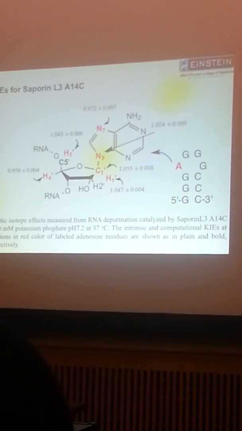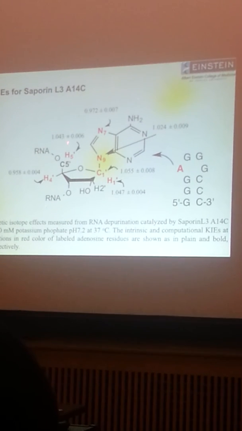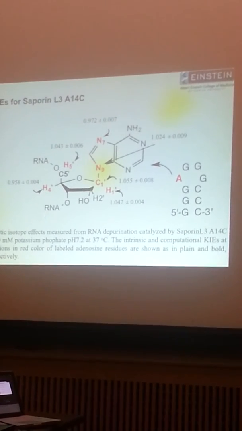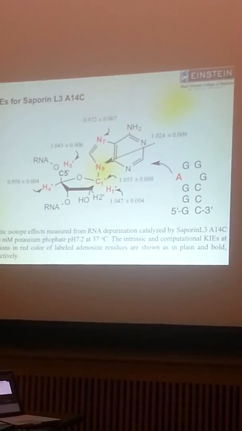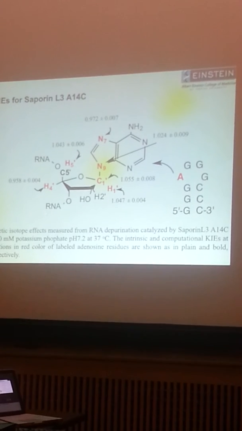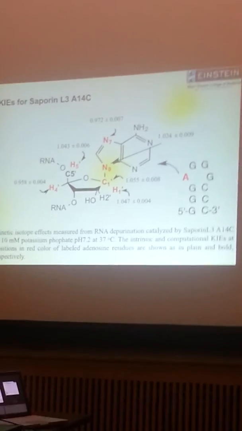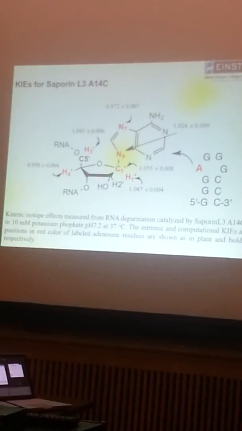That's why you have the inverse KIE. And also it makes sense since after the CN bond cleaves, the nitrogen will have a lot of negative charge. And so the protonation of the N7 will neutralize and delocalize the charge in the 5' ring.